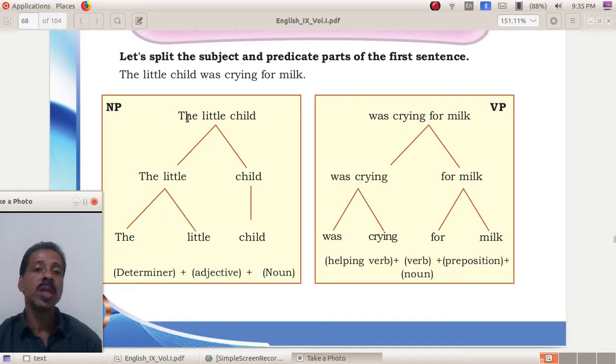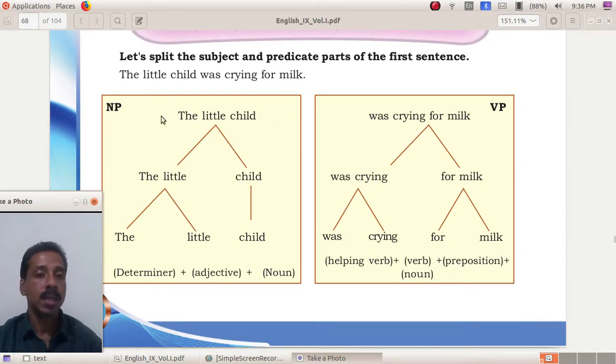So the first word used is the. The is a determiner, and I think in the next part it is mentioned which determiners we use. Little is an adjective. Child is the head noun here. So a determiner plus an adjective plus a noun forms the noun phrase in this context. The little child. Three words are there.